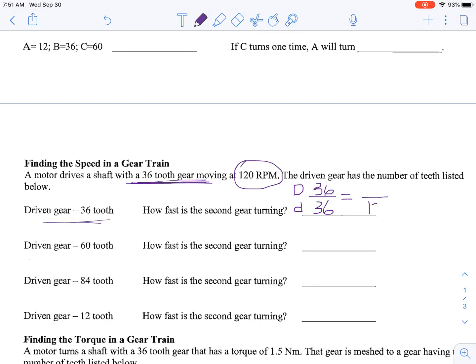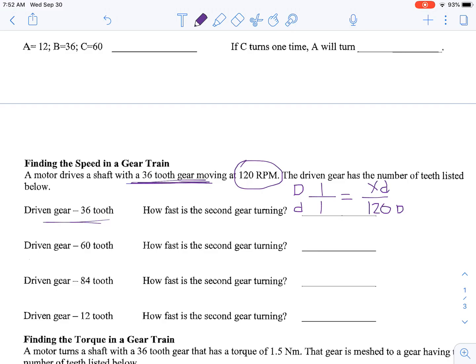So we put it across from the driving gear, capital D again. We don't know how fast the driven gear goes. To make our lives easier, we could reduce this ratio down to a 1 and a 1.